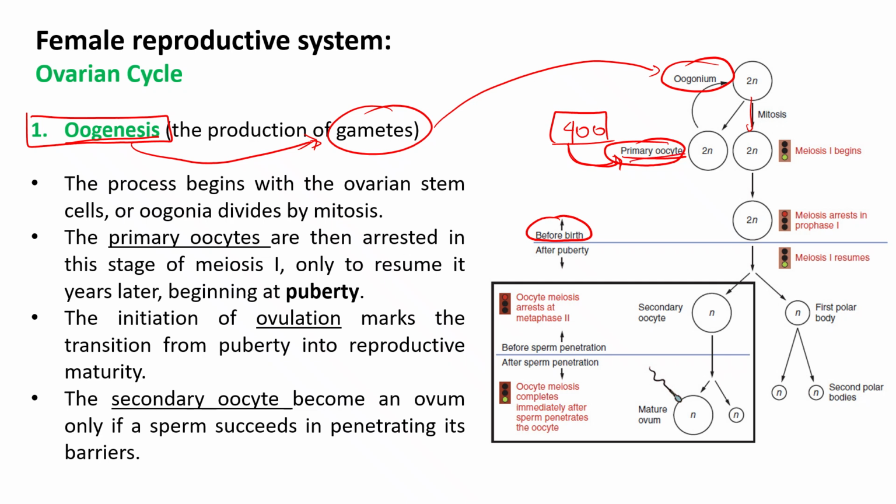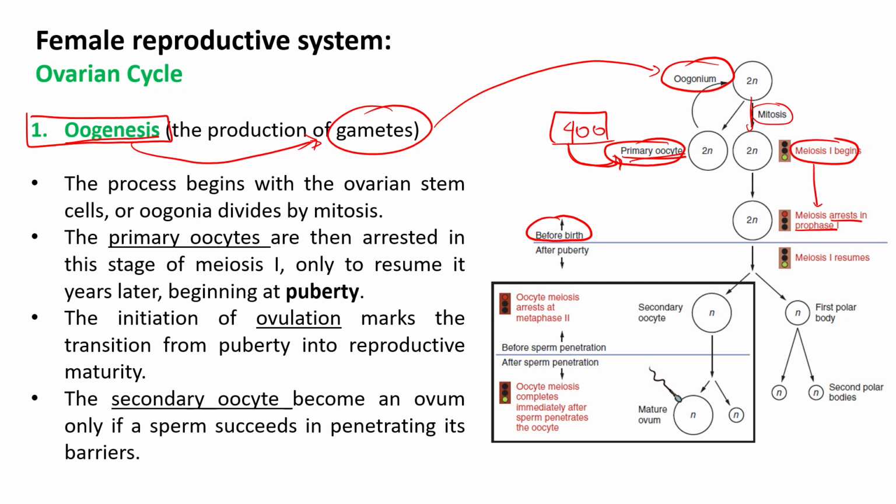These oocytes will enter meiosis 1, but they will not complete meiosis 1. They're going to be arrested in prophase. Remember that mitosis is the process of cellular division in somatic cells, and mitosis has phases.